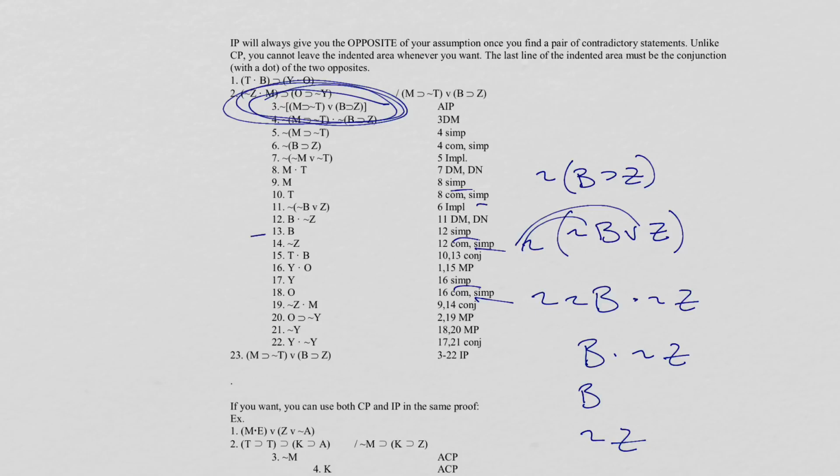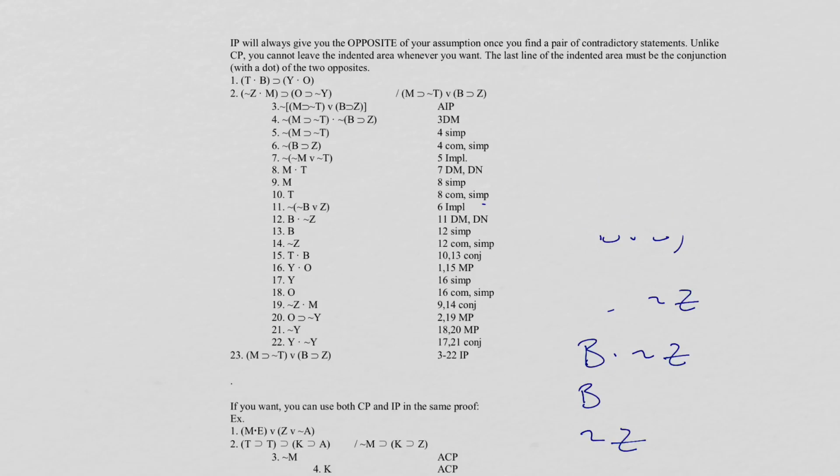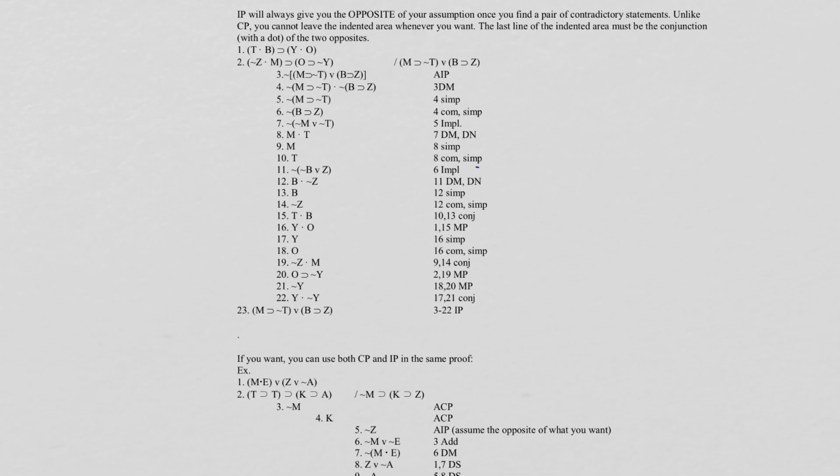As you can see, you get B, you get not Z, you get Y, you get O. And then, once you get everything broken down, then you come back up here and you start looking at the premises. Okay? And I know this may seem like a jumble of garbage right now, but this is honestly how you work out indirect proofs. It's all about getting it down to its simple components. Okay? I would take time and go over that example.